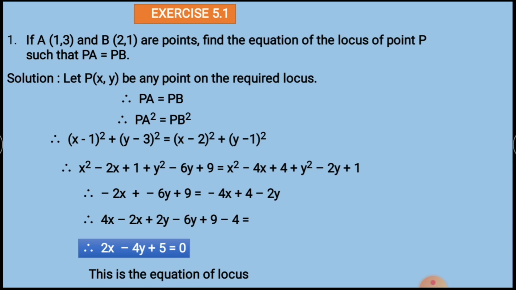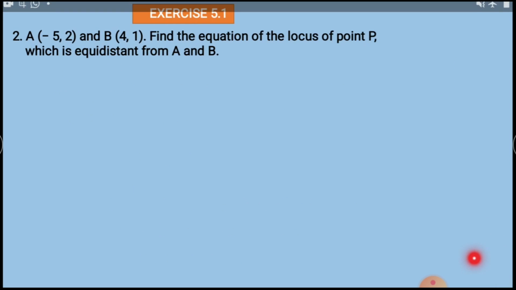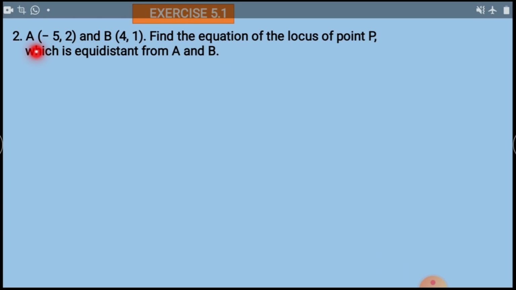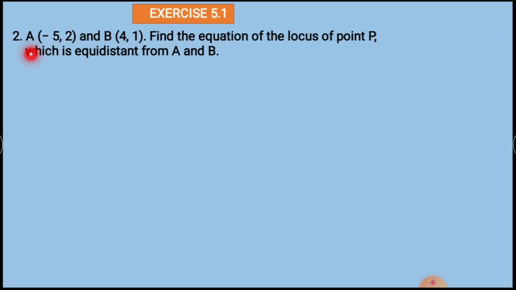Now see the second example, question number 2. Question 2. Coordinates of A are (minus 5, 2) and coordinates of B are (4, 1).